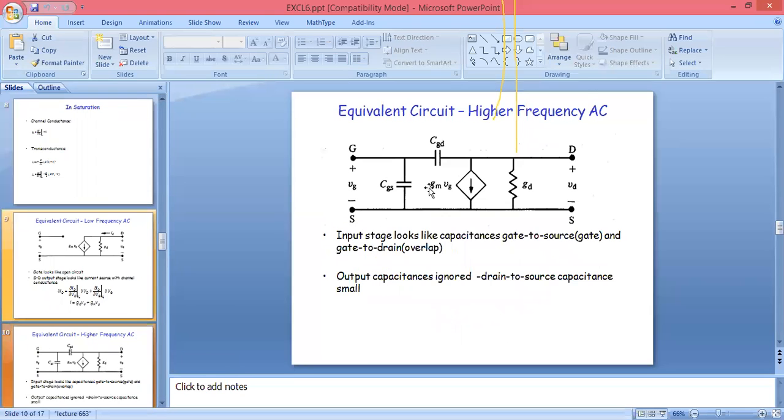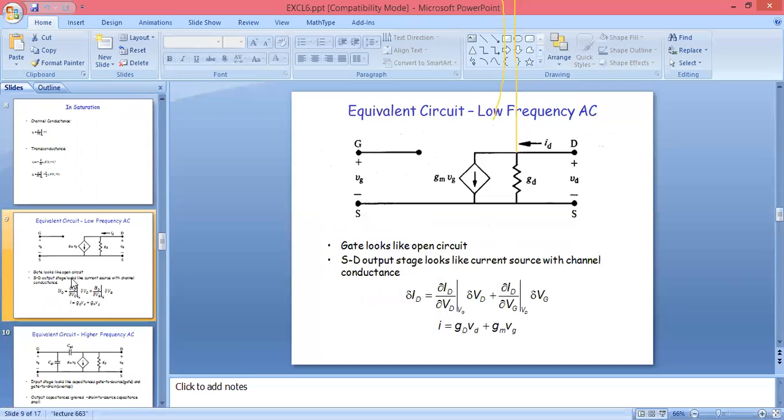This circuit is for the higher frequency. In lower frequency, what are we doing? We are not considering the capacitor, because in lower frequency the gate looks like an open circuit, and source to drain output looks like a current source.